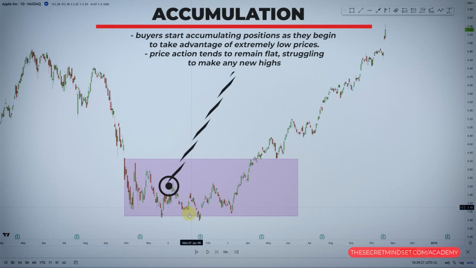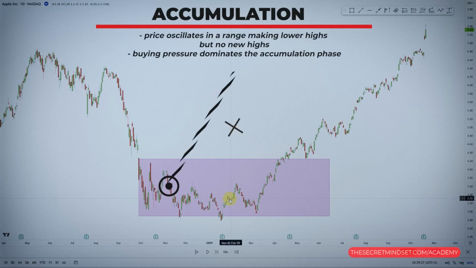While accumulation is characterized by buyers winning the battle against sellers, price action tends to remain flat, struggling to make any new highs. In this case, the price oscillates in a range, making lower highs but no new highs. Even if price remains range-bound, the buying pressure dominates the accumulation phase.